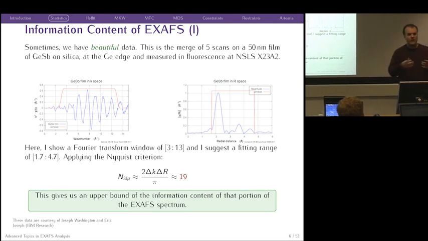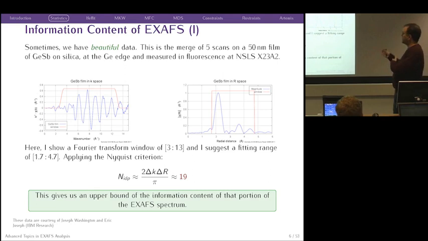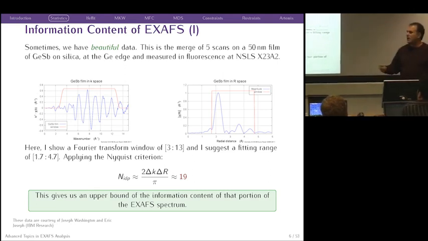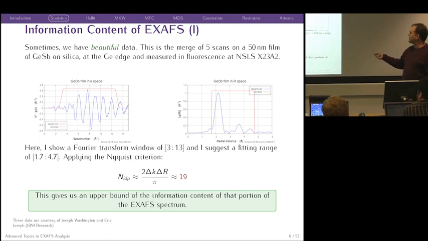In signal processing, you have a time sequence of an EM signal, and you do a Fourier transform to the frequency space. In EXAFS, the analog to the time signal is, of course, the signal in photoelectron wave number, and the analog to the frequency spectrum is this Fourier transform into real space.